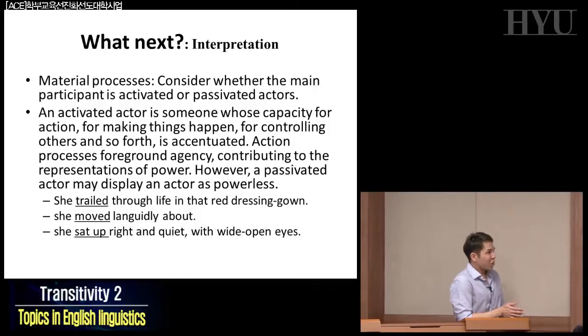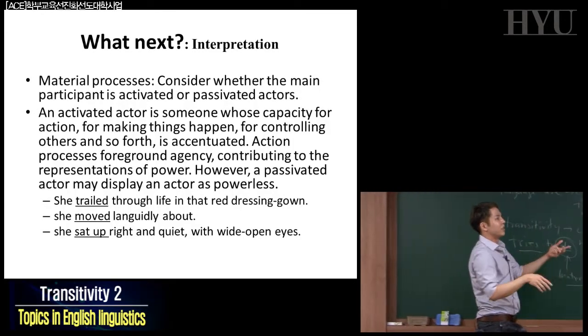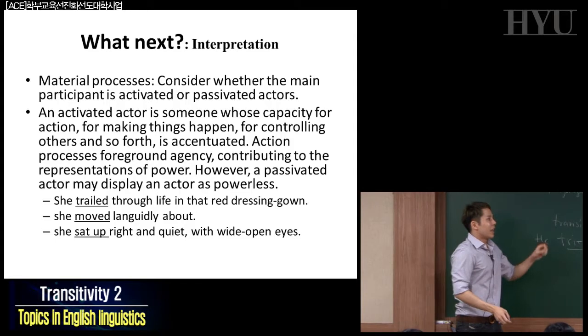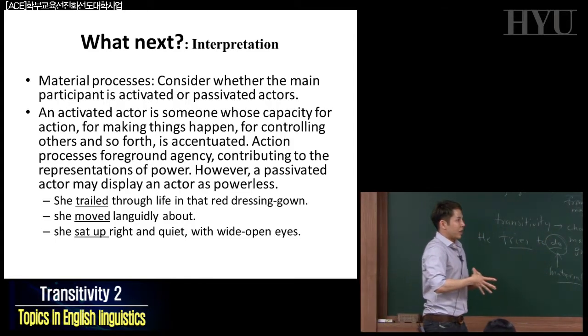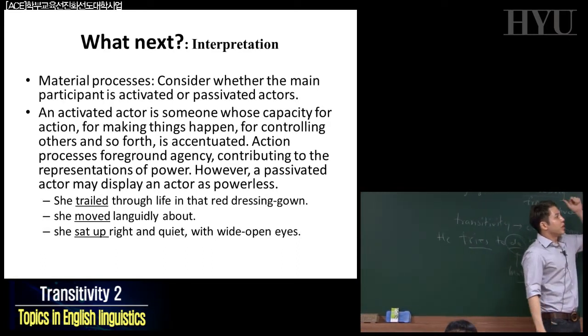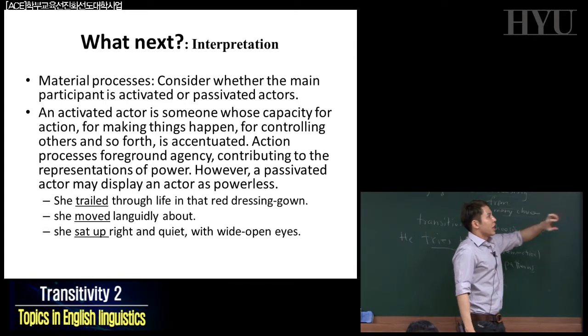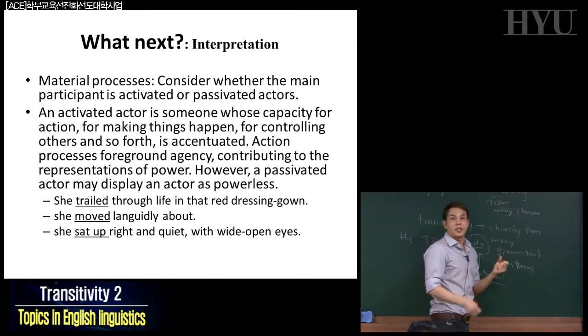So what's next? Now you can categorize processes into mental, material, verbal, and so on. Now what we'll do is give us some kind of interpretation to work on. So let's look at the material process first. Material processes are the processes of doing, right?